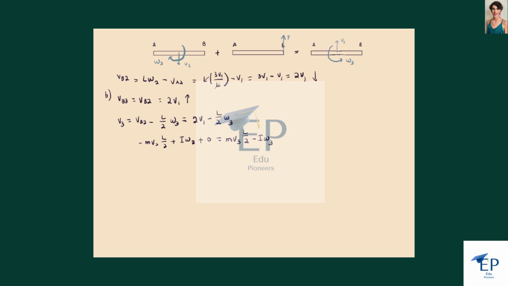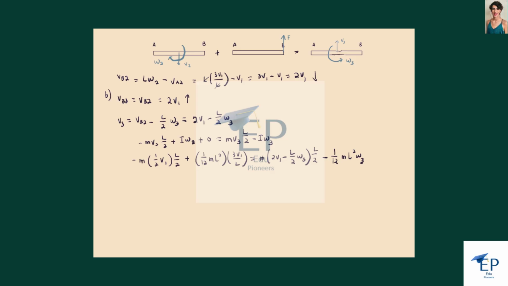Substituting the values that we have, this becomes negative m times 1/2 v1 times L over 2 plus 1 over 12 ml squared times 3 v1 over L equals m times 2 v1 minus L over 2 omega 3 times L over 2 minus 1 over 12 ml squared omega 3.